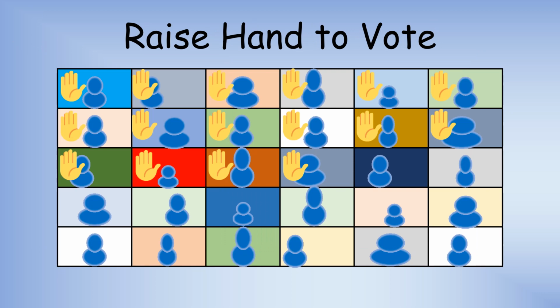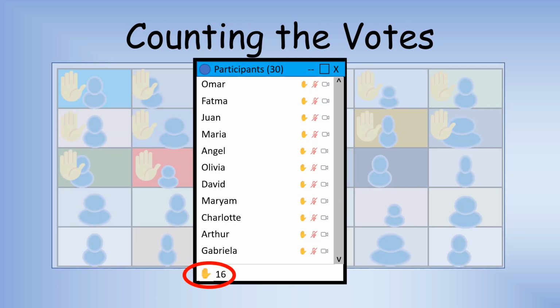When the facilitator calls for a vote, raise your virtual hand if you want to vote in favor, and keep your hand raised. Members of the technical team will then use the Zoom participants window to see how many hands are raised.